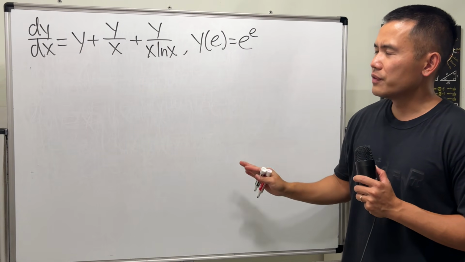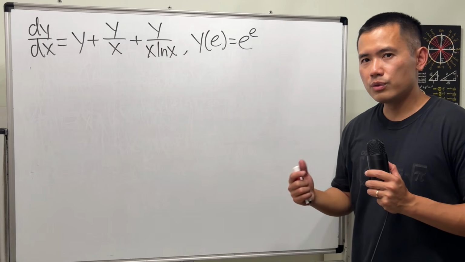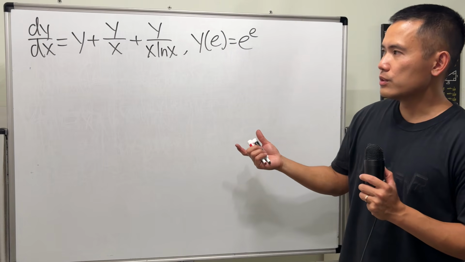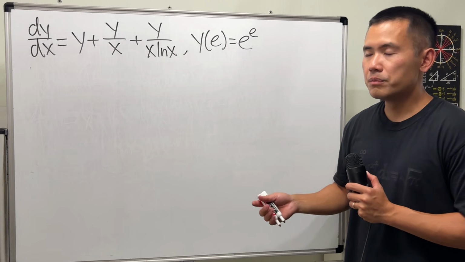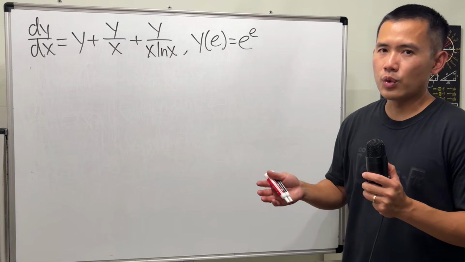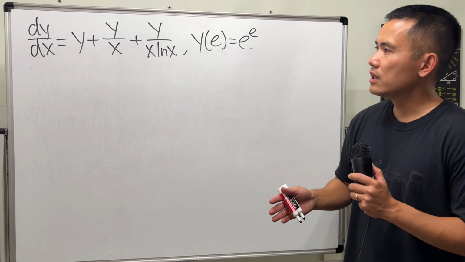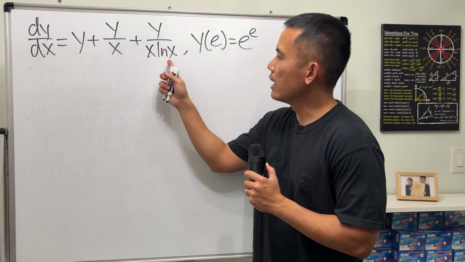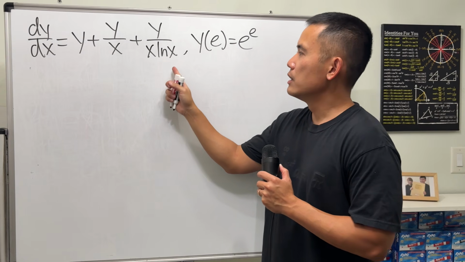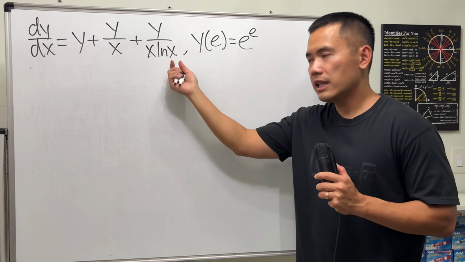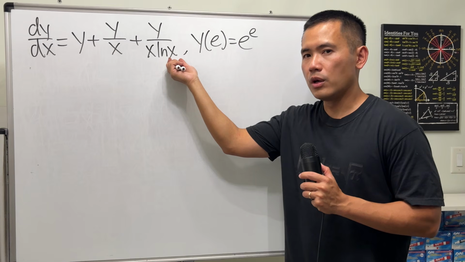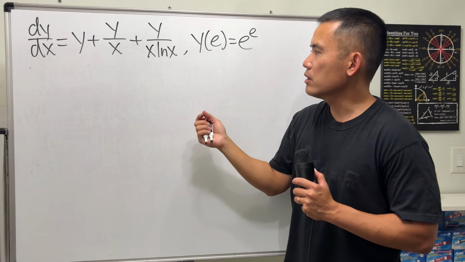Before we start solving this differential equation, I just want to mention that we can define the solution to be on a certain interval, because sometimes you want the solution to be continuous. In this case, you see that we have ln x on the bottom. So first note that x has to be greater than 0 because it's inside of the natural log.